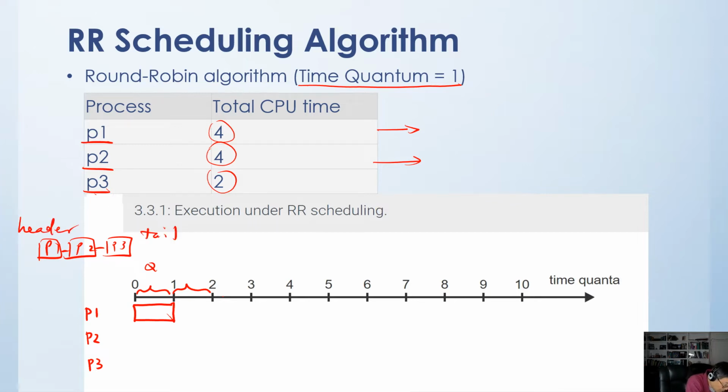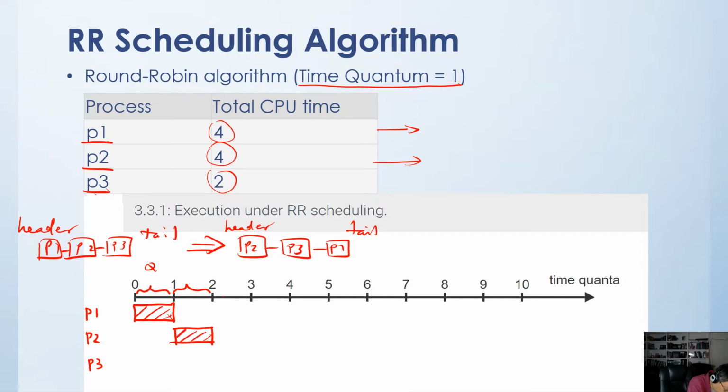Then P1 is selected. It runs for 1 time quantum, and then it is switched out. P1 is put at the back of the queue, at the tail. Then P2 is picked up.